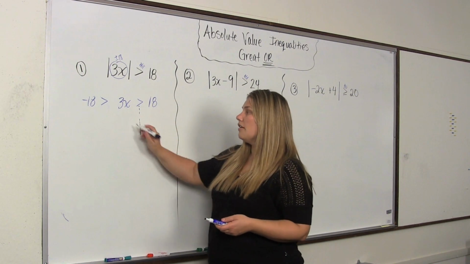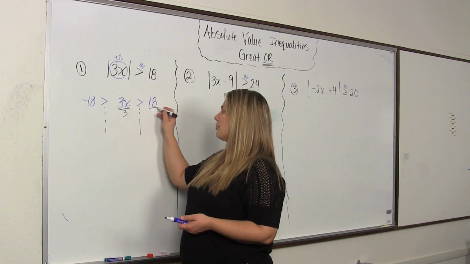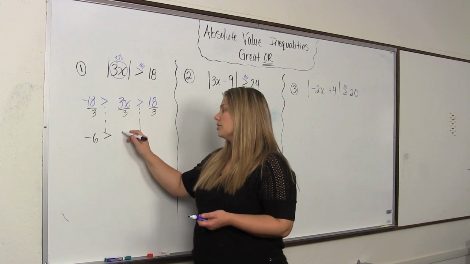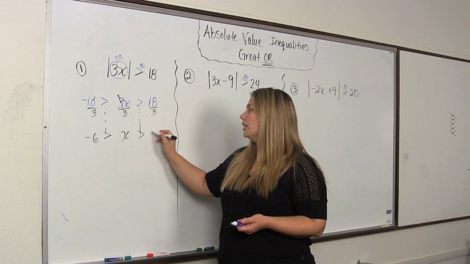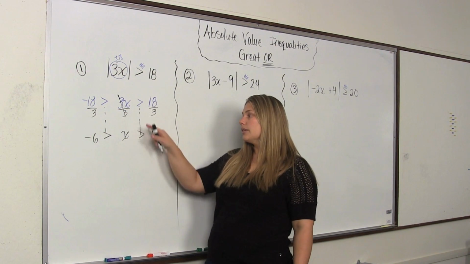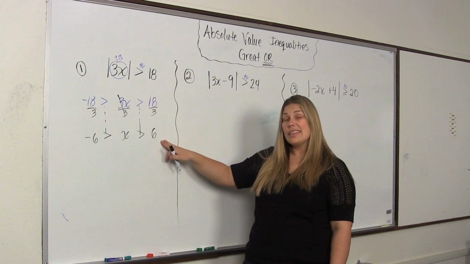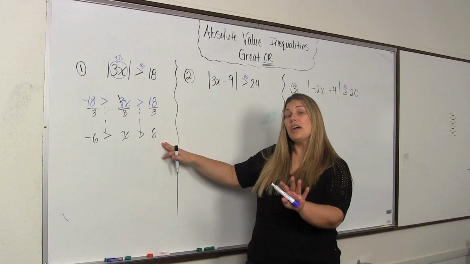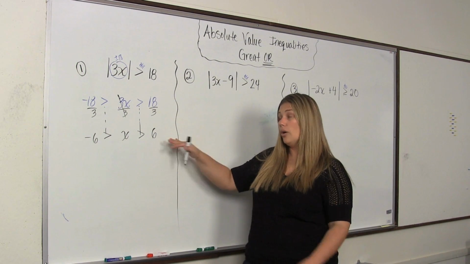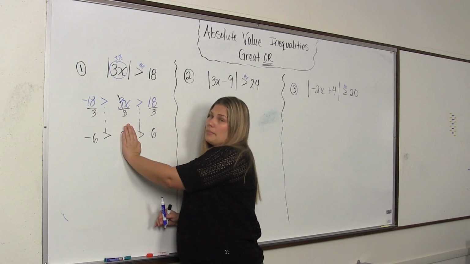You can still solve this exactly the same way that we've already been doing. To get rid of a multiply 3, I have to divide by 3. And what I do to one side, I have to do to all the sides. So I end up with negative 6 is greater than x, which is greater than positive 6. Again, at this point, to figure out whether I can leave my answer exactly like this as a compound inequality, or if I have to split it, the trick is cover up what's in the middle.